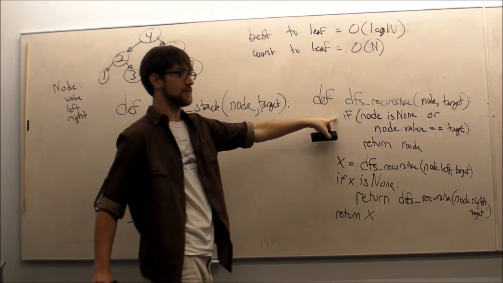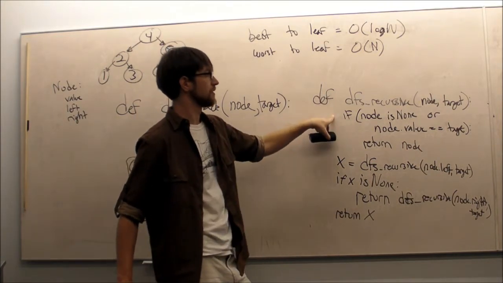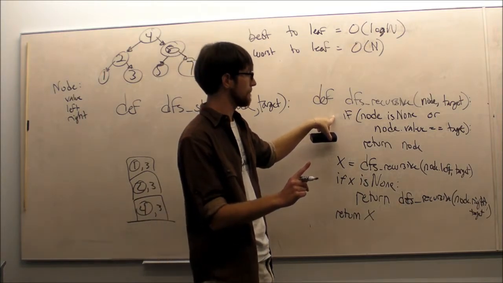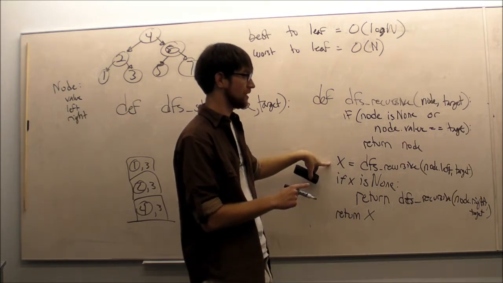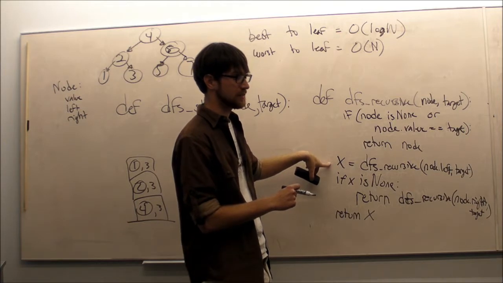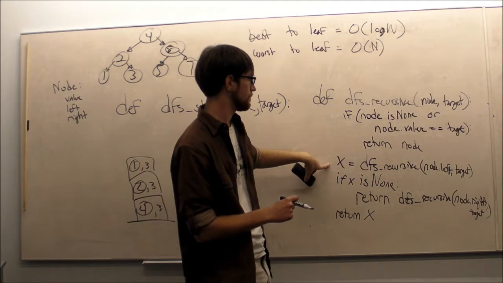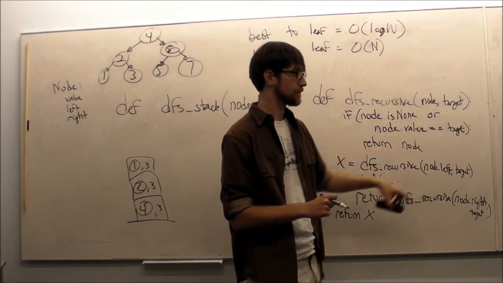So node is none in that case, is that right? Nope, the node is 1. So where do we go? Are we in this line? Not there. Do we call this line? What does x return? It's going to return 1, right? Or no, it's going to return nothing because you don't have anything in your left node, right?